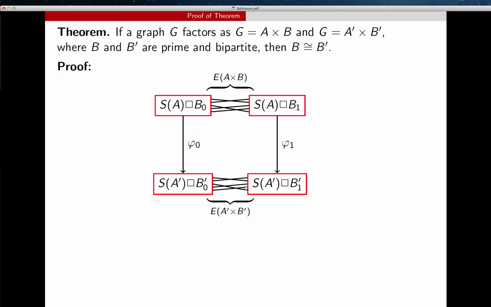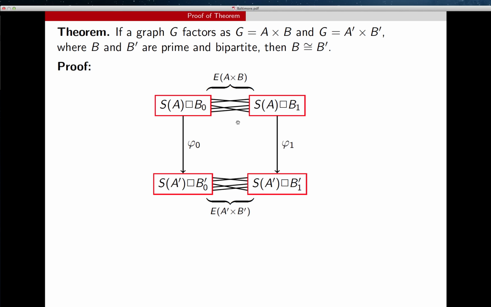They run between the vertices of these two components of the skeleton of the lower graph. So phi naught is an isomorphism from this component of the skeleton to this component. Phi 1 is an isomorphism from this component of the skeleton of A times B to this component of the skeleton of A prime times B prime.